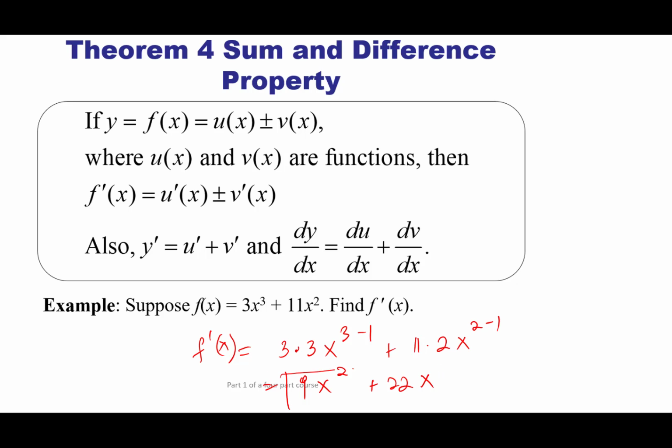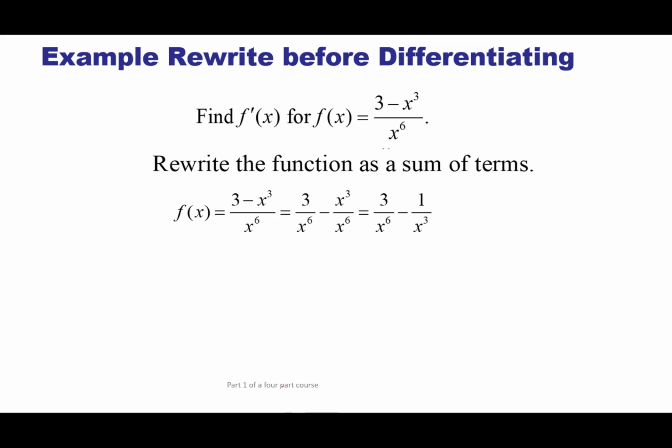So as a result, this here is going to be my answer for this. So just remember, if we're adding or subtracting, you just differentiate as is and just add and subtract at the end with the different functions that we're working with. So that completes that problem.